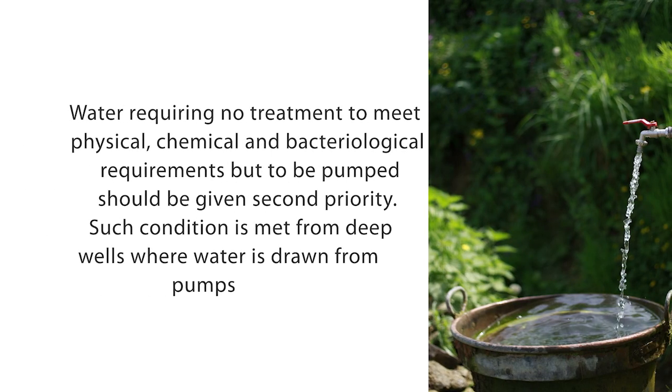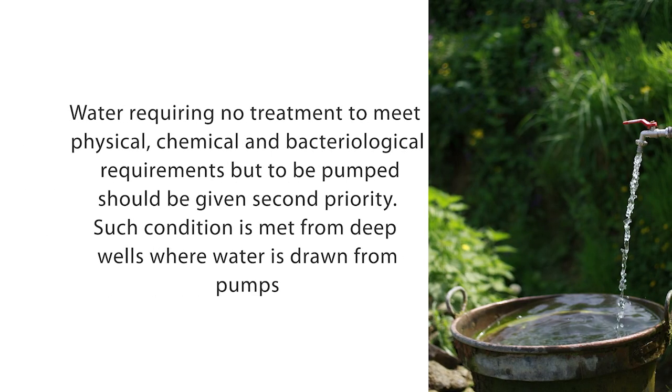Water requiring no treatment to meet physical, chemical and bacteriological requirements but to be pumped should be given second priority. Such a condition is met from deep wells where water is drawn by pumps.